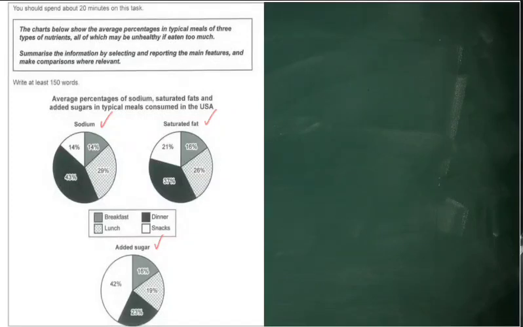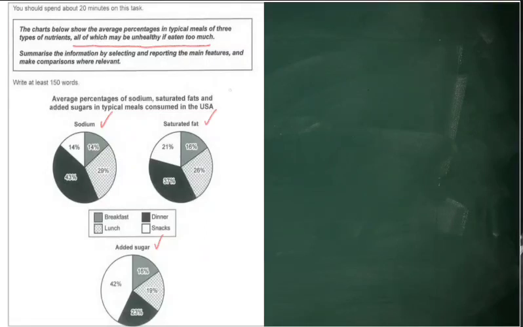What's the topic? They've given the charts below show the average percentages in typical meals of 3 types of nutrients, all of which may be unhealthy if eaten too much. So of course you can derive your conclusions based on comparison. Now summarize information, again, the same thing, by selecting and reporting the main features and make comparisons where relevant.